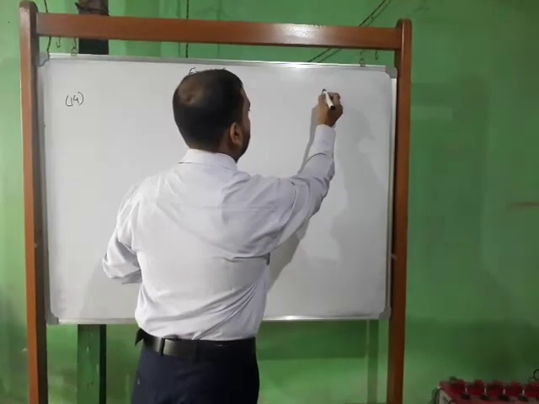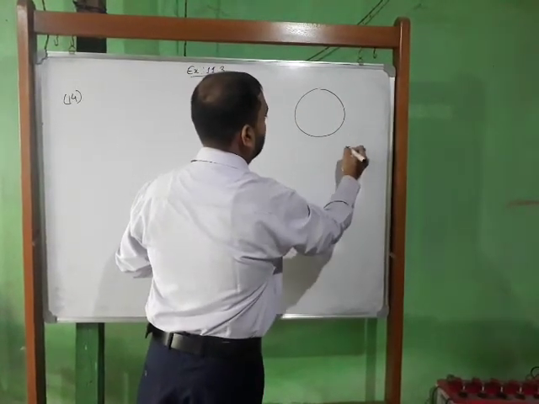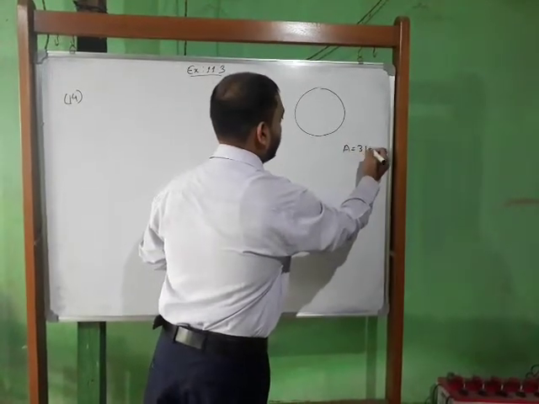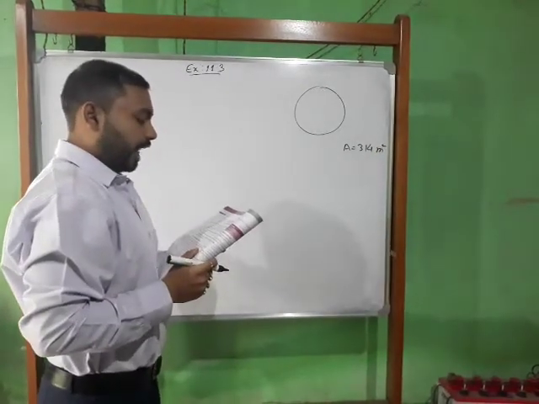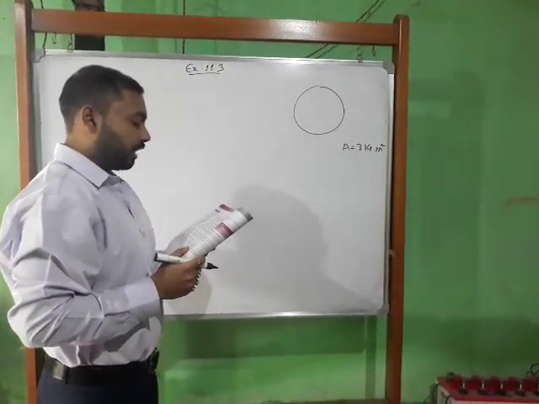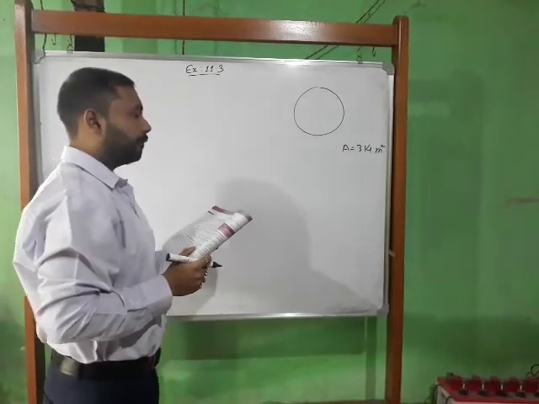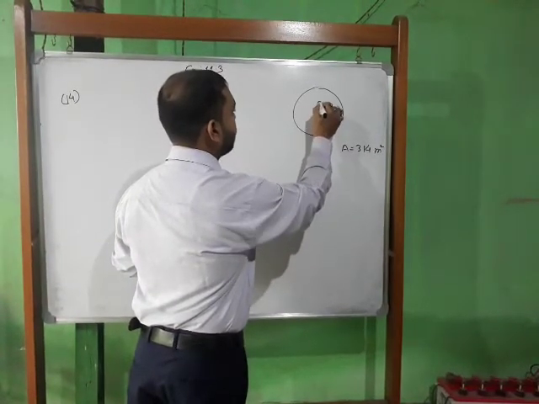Let us draw a circular garden, and the area given is 314 meter square. A sprinkler at the center of the garden can cover an area that has a radius of 12 meter.